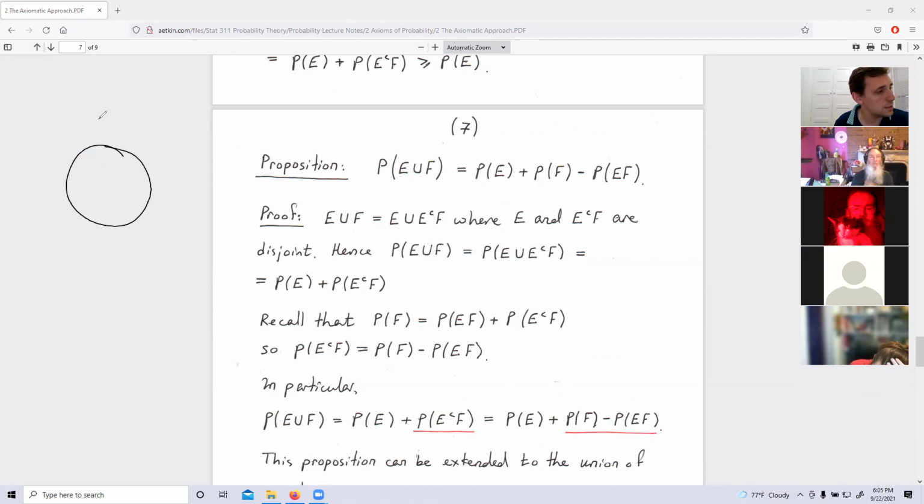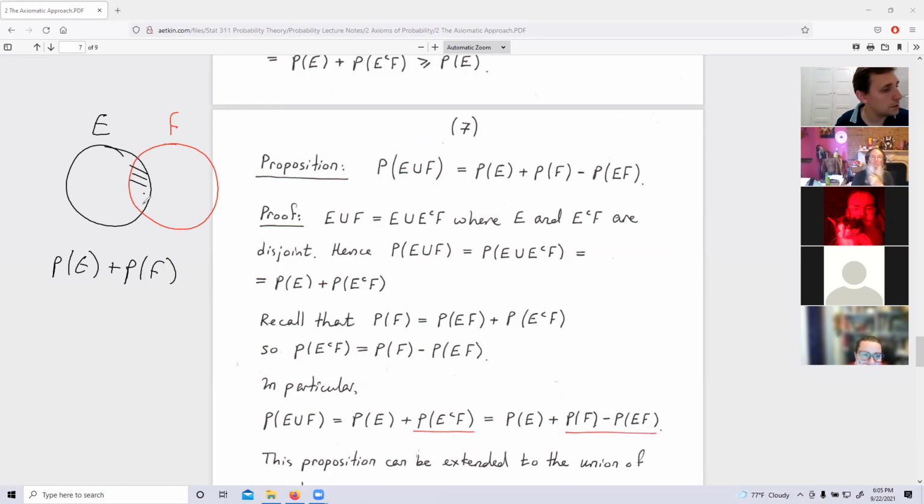Here is E. And here is F. Yes? So the probability of E union F is very much like calculating the area of E with F. So what is that? This is the probability of E plus the probability of F, except what did I do?